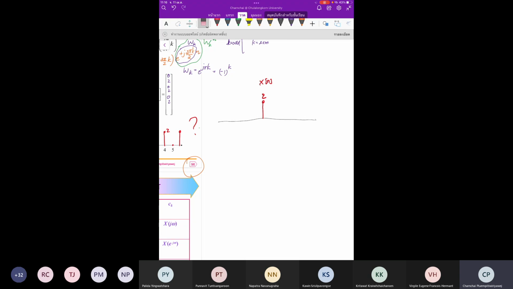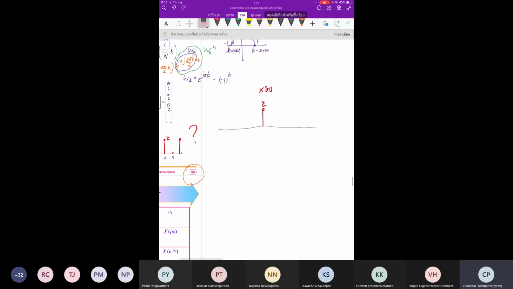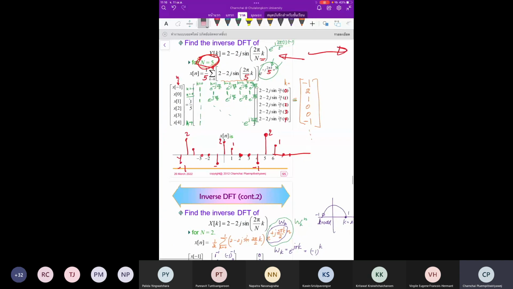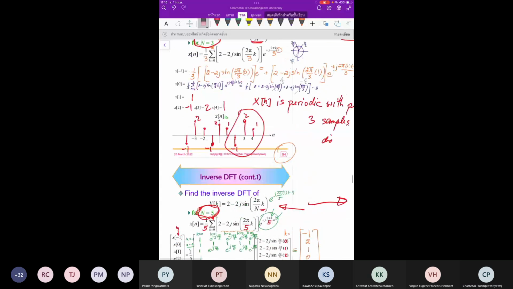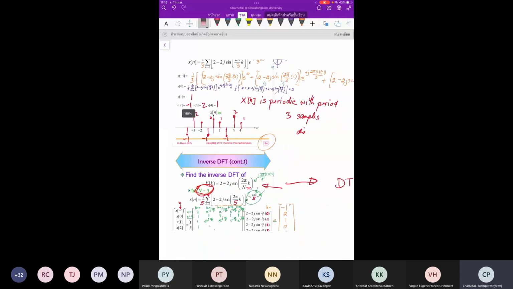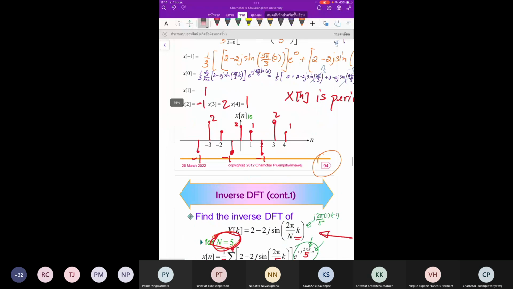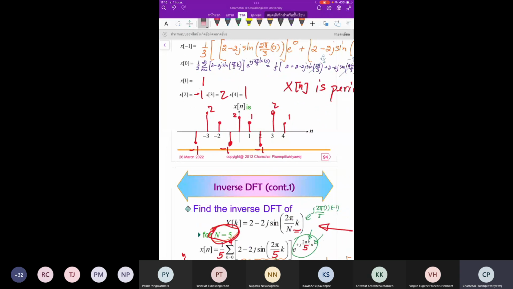It's this one, except you shifted one period, right? How do you get 0 2 0 2?